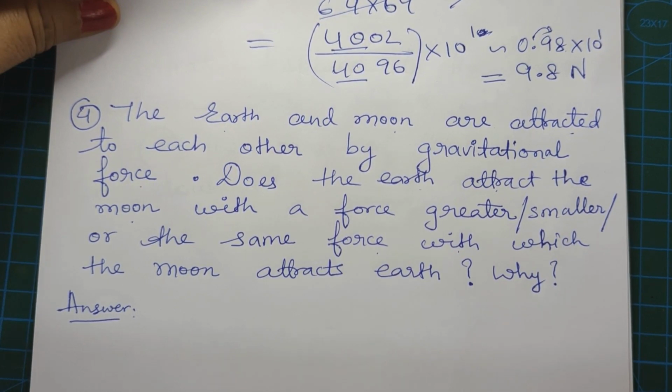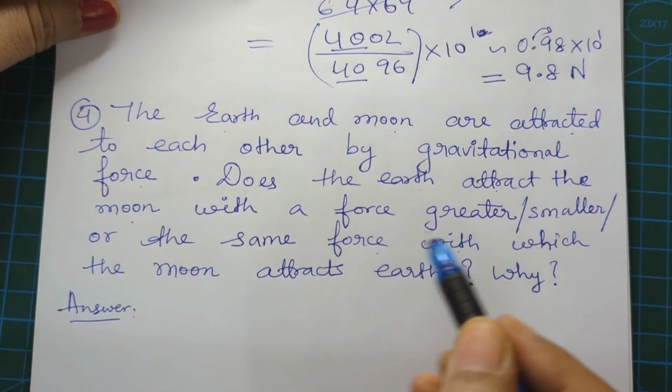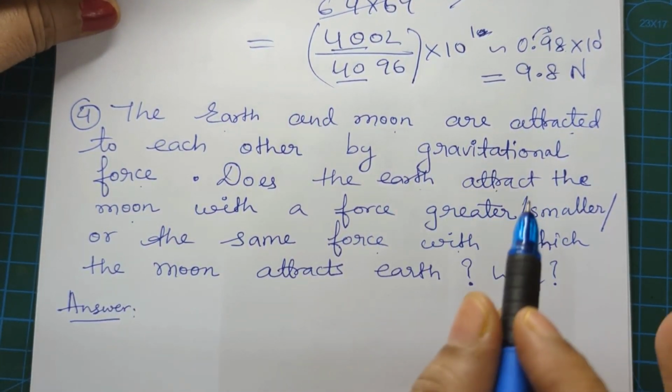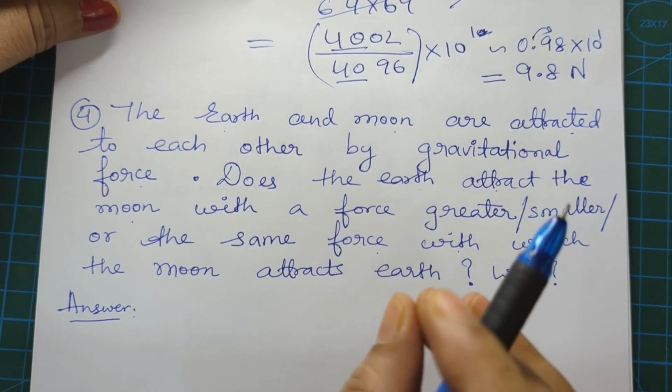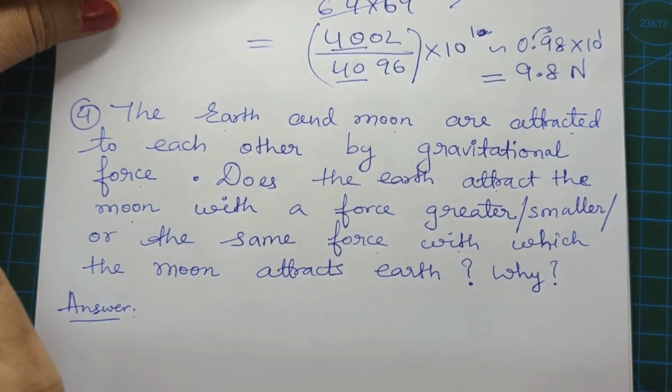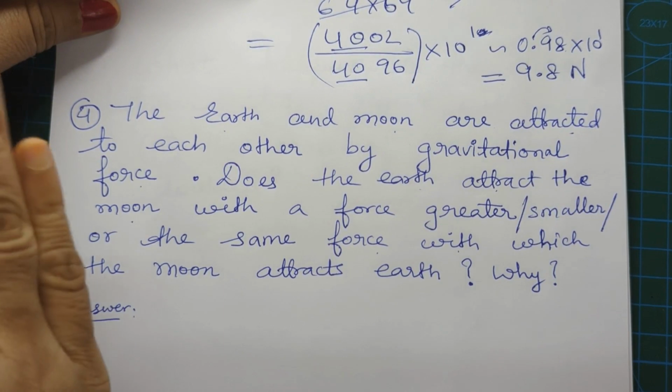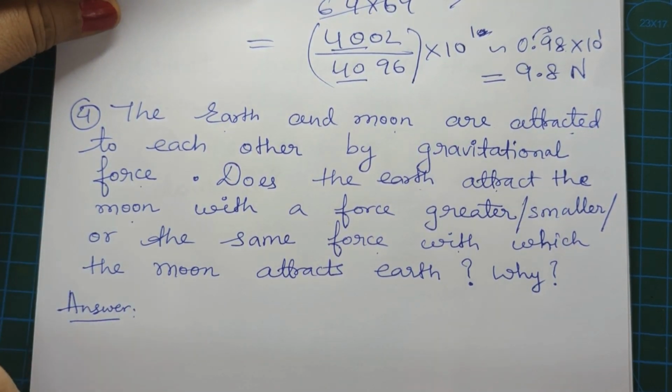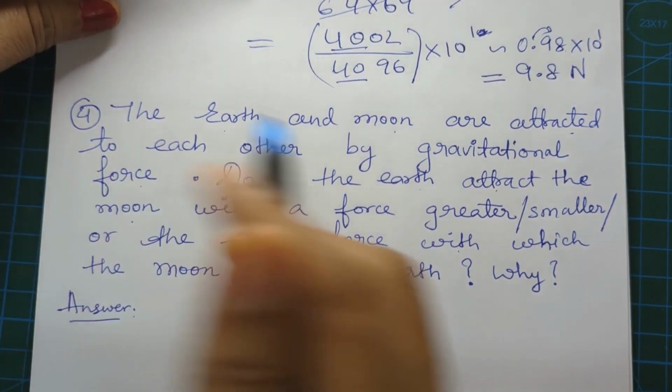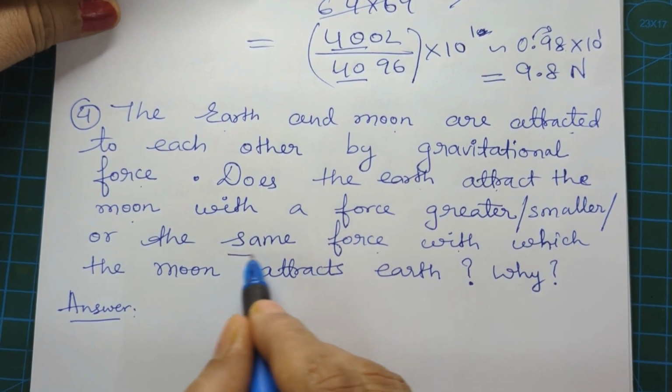So that can be any force in fact. So whatever be the masses, it is quite unnecessary. The magnitude of force with which earth pulls moon is always equal to the magnitude of force with which moon pulls the earth. So the answer is the same force.